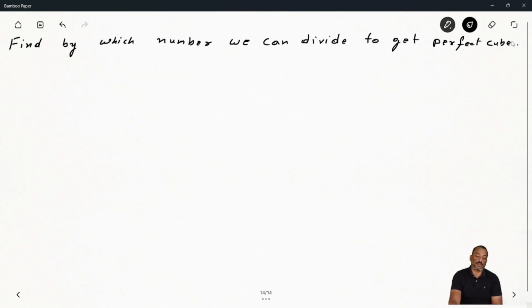Okay, so here also there is nothing bulky in the process, it is very simple. You have to take any number and you have to find by which number we divide, so we will get a perfect cube.